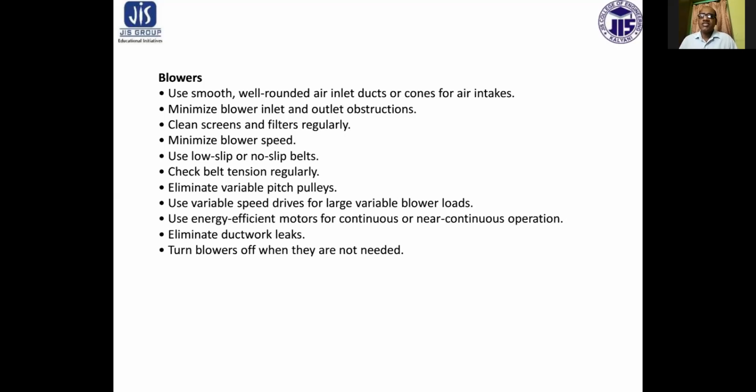Check belt tension regularly. Eliminate variable pitch pulleys. Use variable speed drives for large variable blower loads. Use energy efficient motors for continuous or near continuous operation. Eliminate ductwork leaks. Turn blowers off when they are not needed.